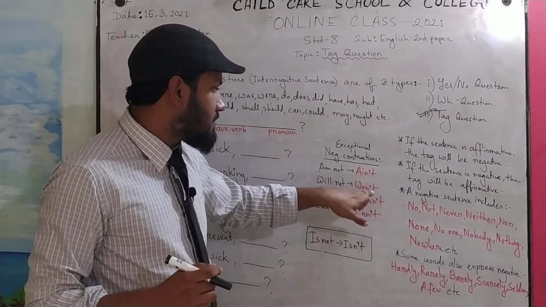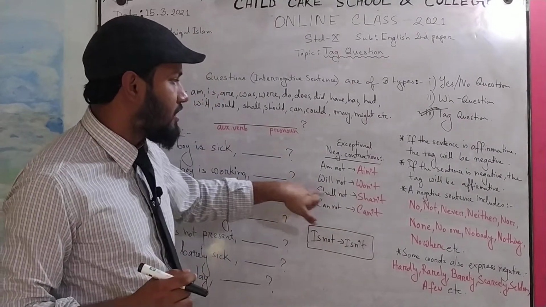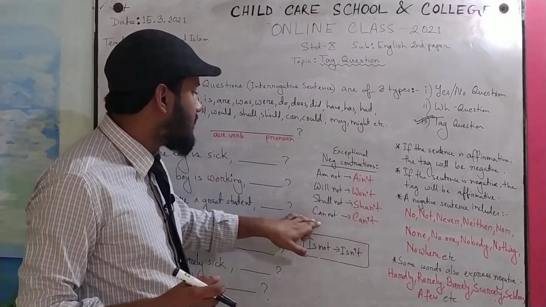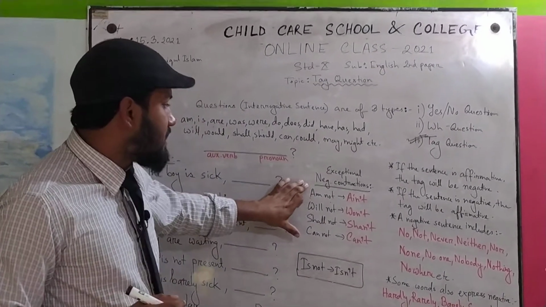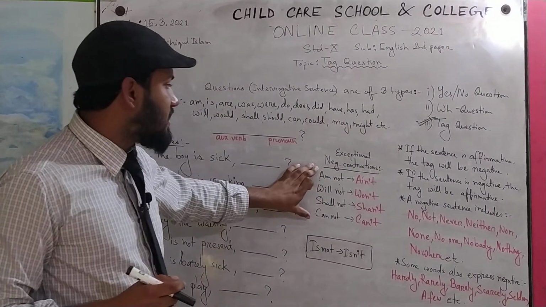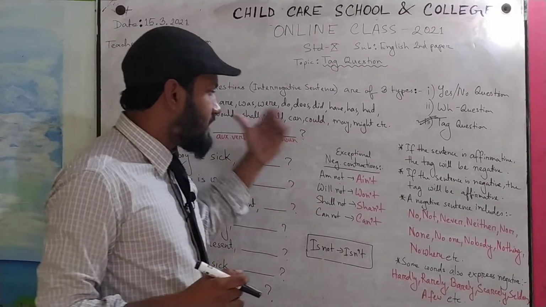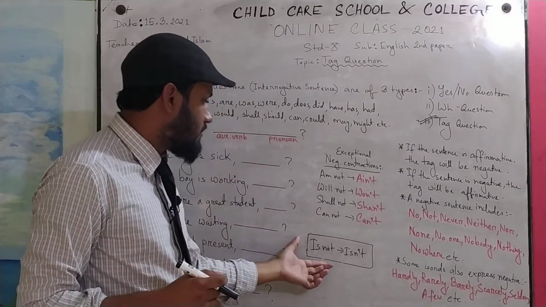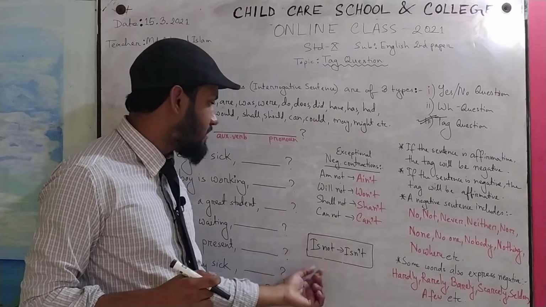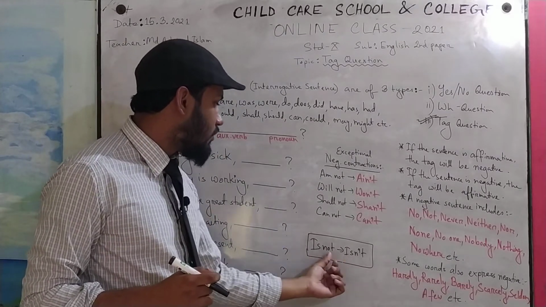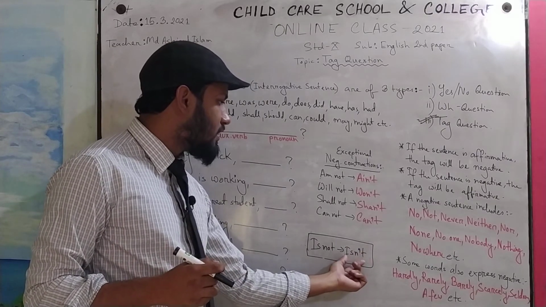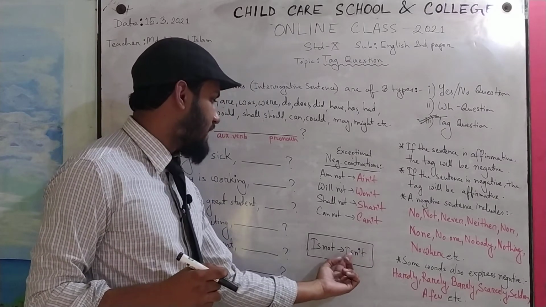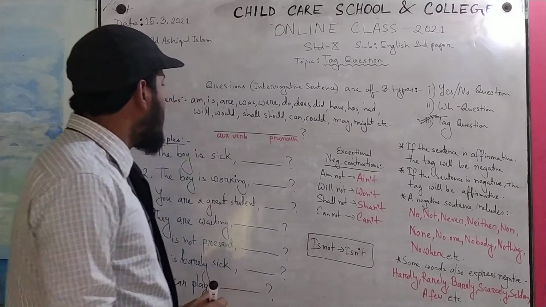Will not becomes won't, shall not becomes shan't, cannot becomes can't. You really should memorize these 4 words because these are a little bit exceptional. The rest of the auxiliary verbs follow this format. All right? The space will be removed, the O will be gone, and there will be an apostrophe instead, and all the letters will be conjoined together as one. That means the space will be gone.